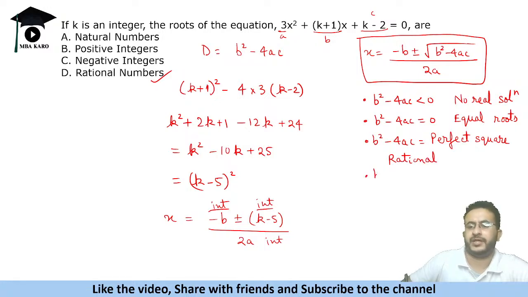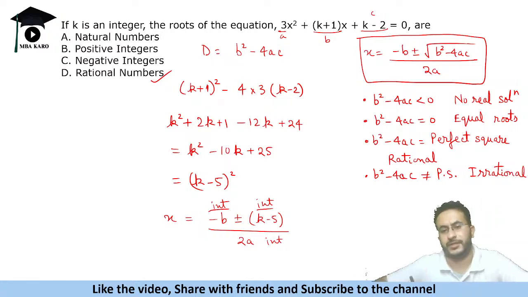And if b square minus 4ac is not a perfect square, then it has irrational roots. Okay, so these are the different situations. Like in this case, you will get rational numbers.